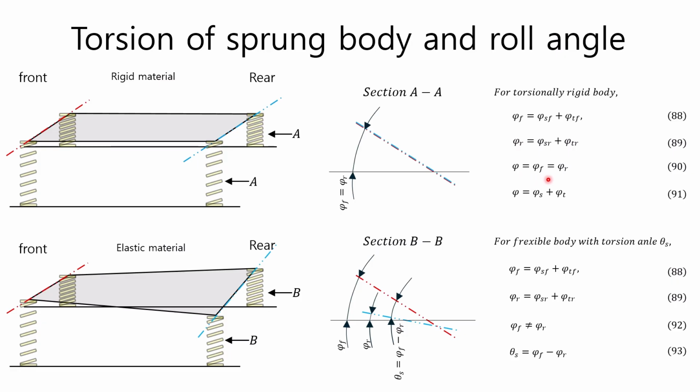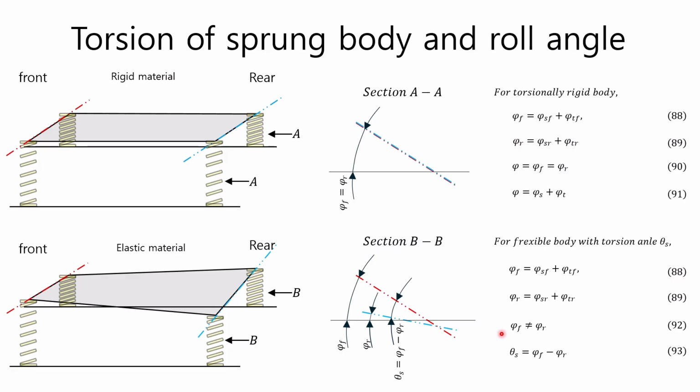Also, the overall roll angle of the sprung mass can be expressed by the suspension roll angle phi s and the axle roll angle phi t, as shown in equation 91. When twist occurs in the sprung mass, the roll angles at the front and rear axles are different, as shown in equation 92.